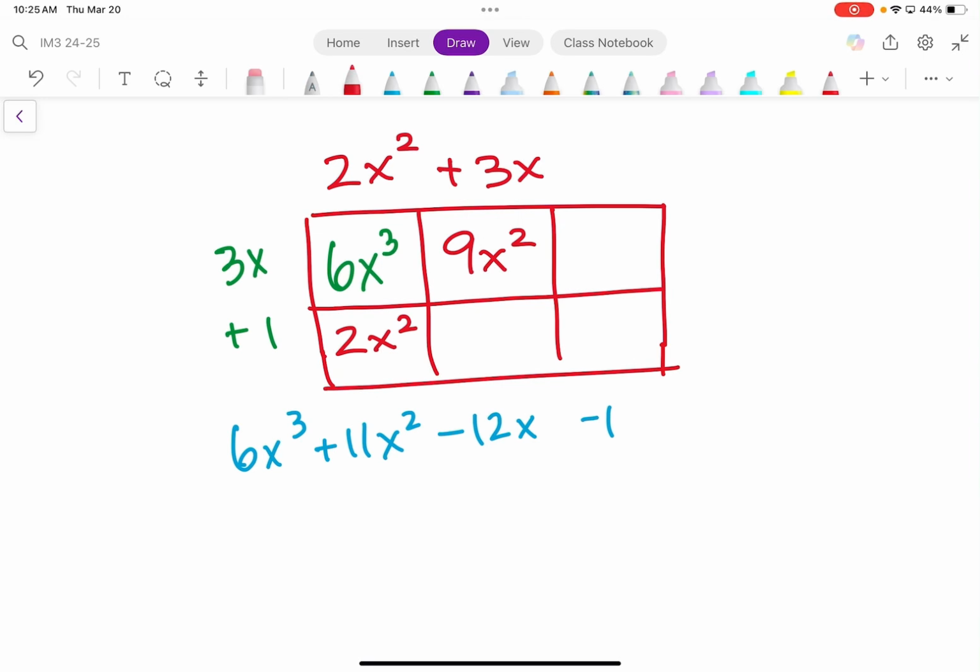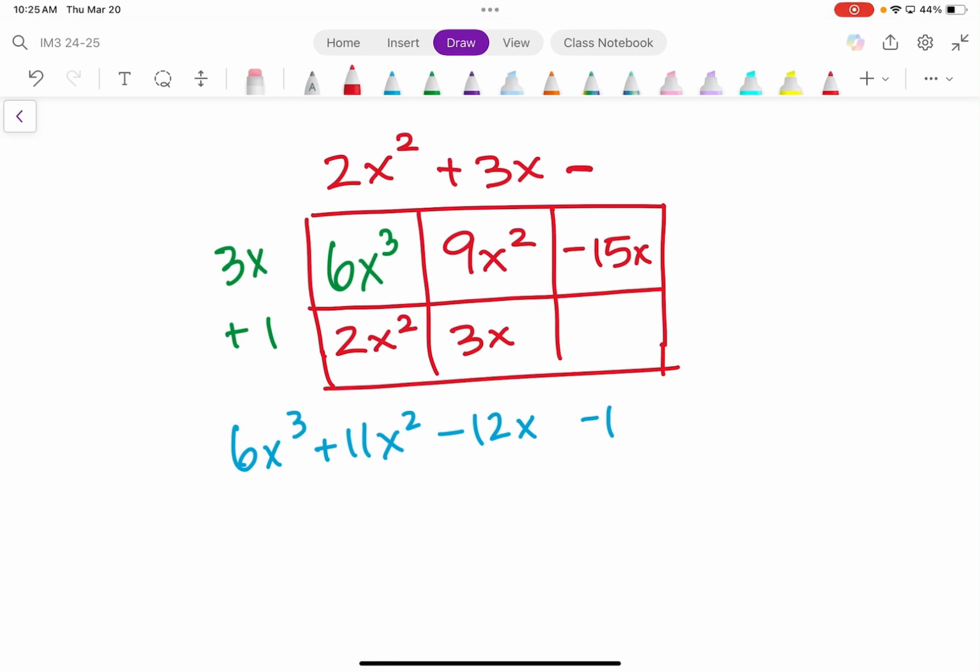Three x times 1 is 3x. To go from 3x to negative 12x, I add, or in this case, I subtract how much from 3x? How much? Negative 15. How do I get negative 15x? What do I multiply with 3x?